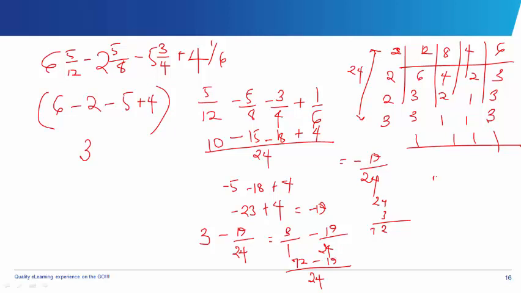So 72 minus 19 gives us 53 all over 24. So we'll simplify this, and when you simplify, it will give us 2 whole number 5 over 24.